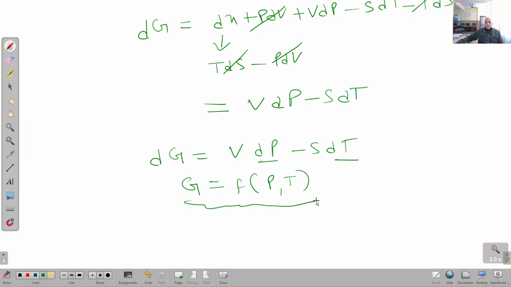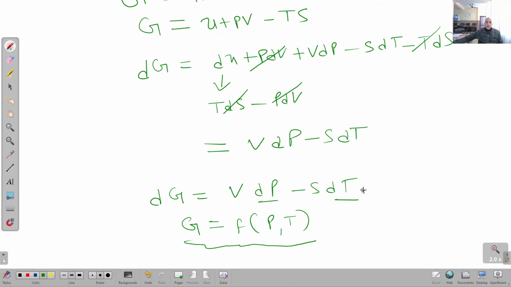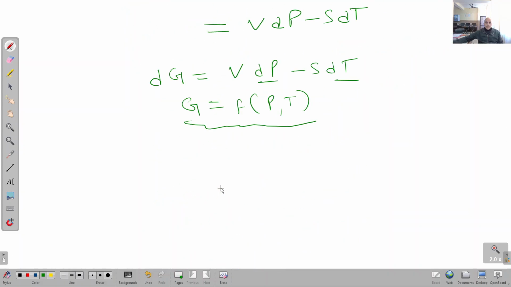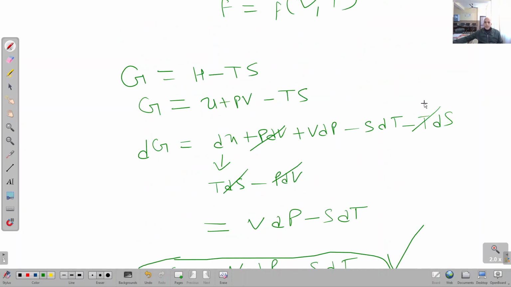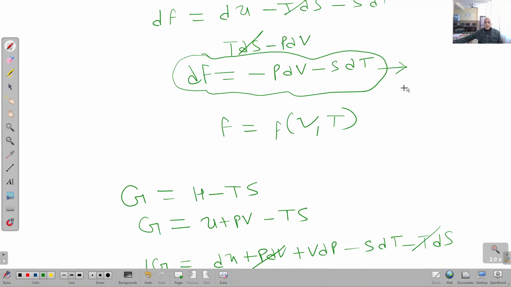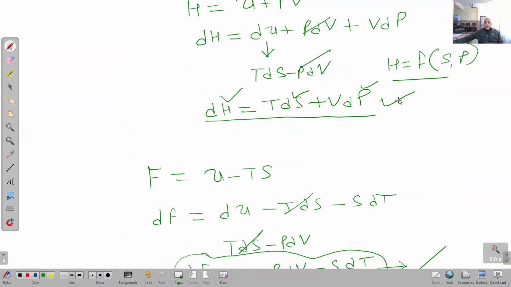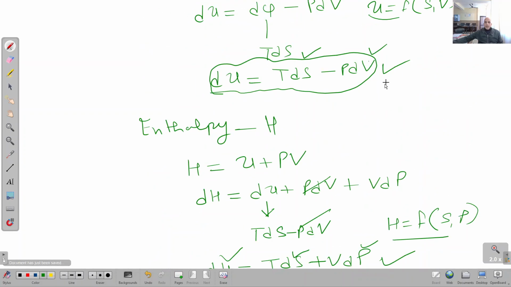So these are the differential forms of this equation, including the last equation that we derived here. These are the four equations, right? This is first, this is second, this is third, and this is fourth.